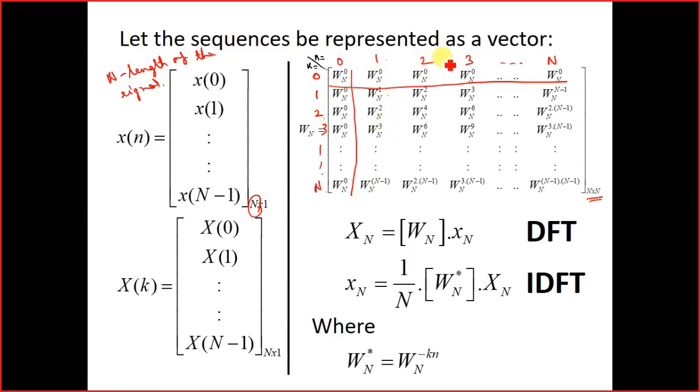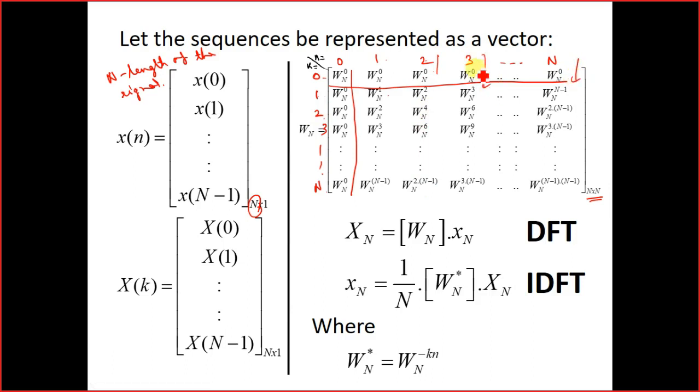Similarly, over here also you will be getting the same thing. So W^0, then W_N^0, W_N^1, 2 multiplied by 2 is 4, so W_N^4, and so on. Similarly, we will be having this in the third column and also the Nth column.